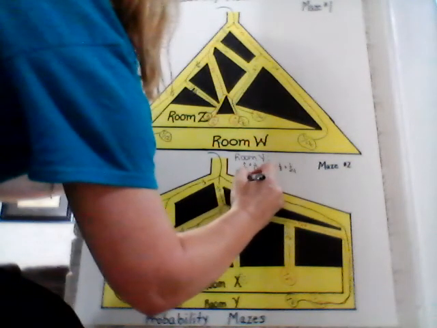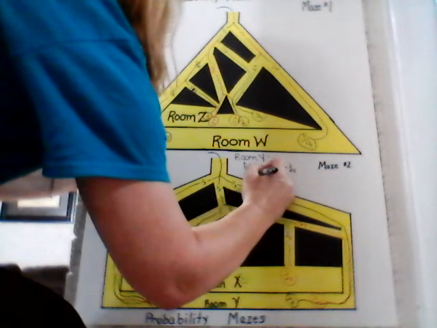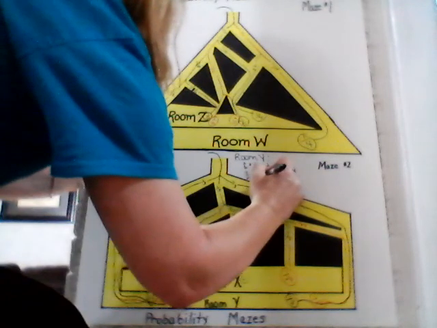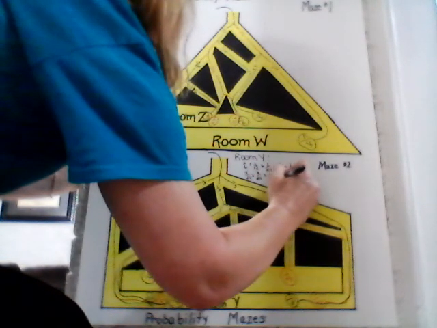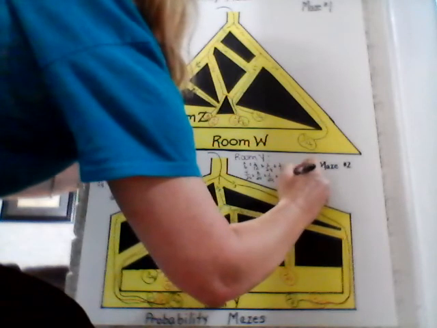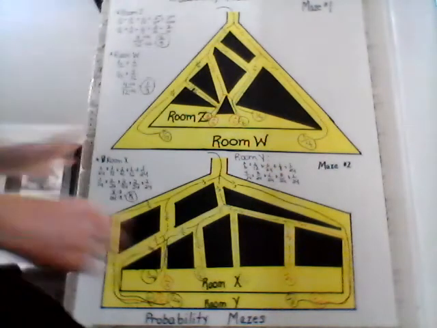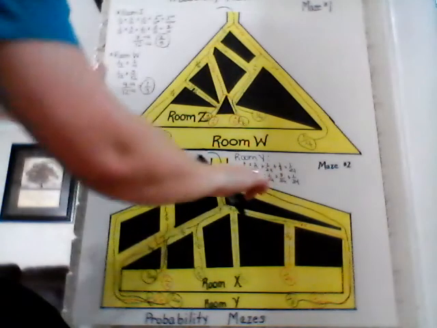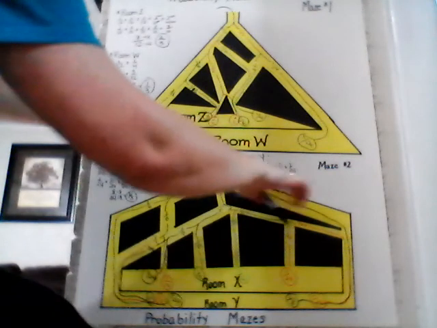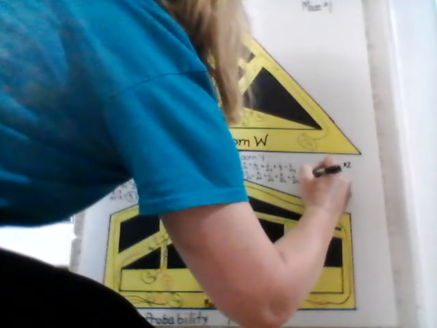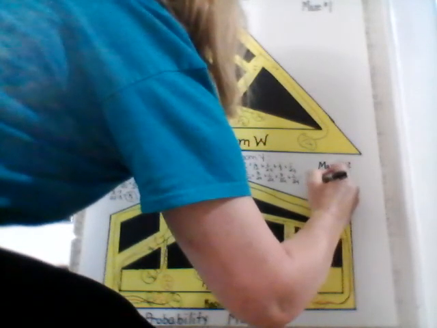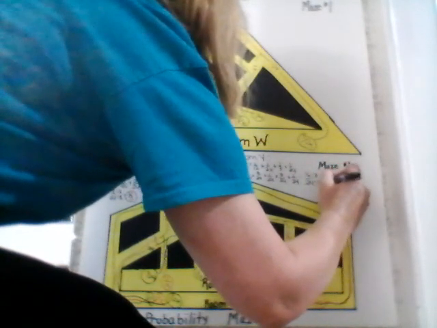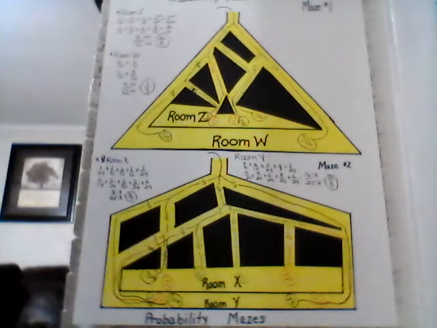So I have 4/24 plus 2/24 plus 1/24 plus 8/24 plus 1/24. And then I add all of those together. That's 4, 5, 6, 7, plus 8 is 15, plus 1 is 16, 16/24. And if I divide both of those by 8, I end up with 2/3.